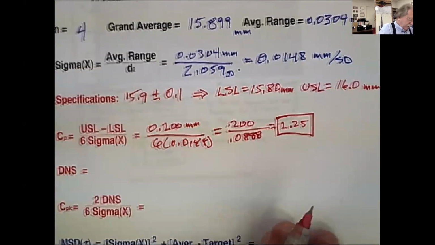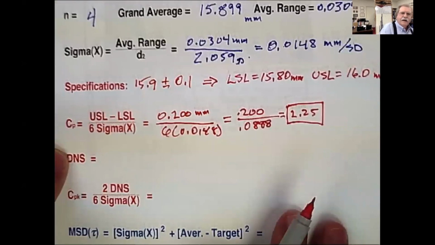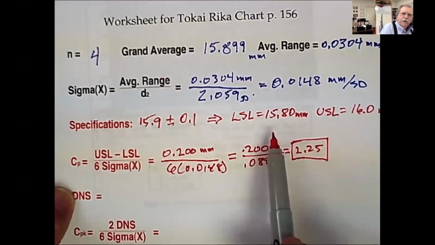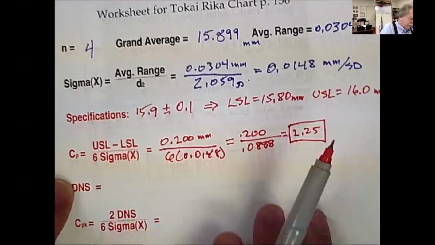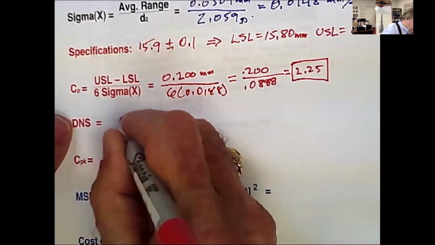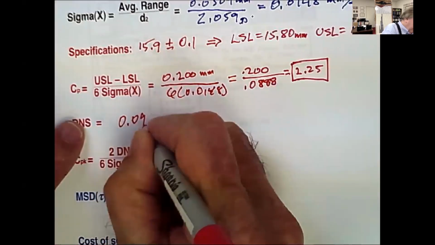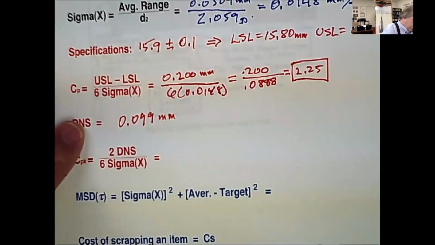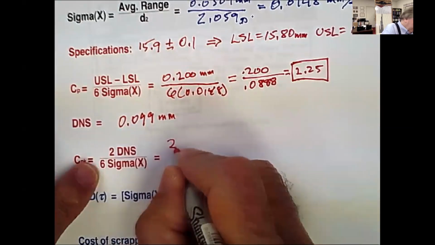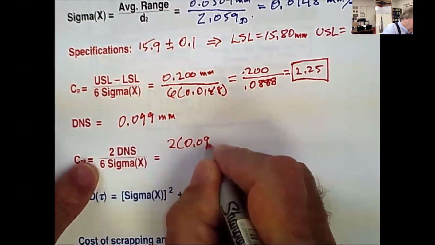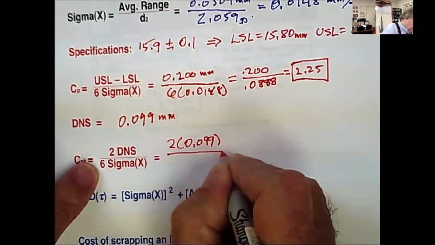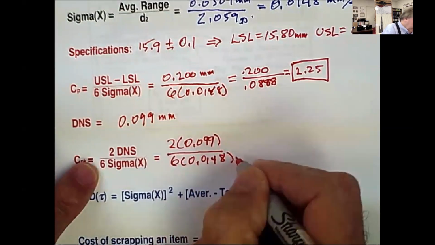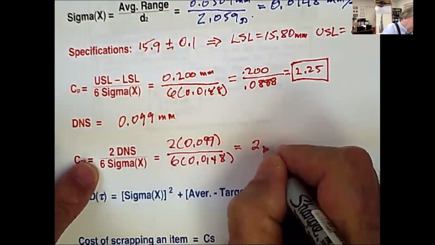DNS. 15.899 is just barely closer to the lower spec than the upper. So distance to nearest spec, 0.099 millimeters. So twice the DNS over 6 times 0.0148, 2.23.